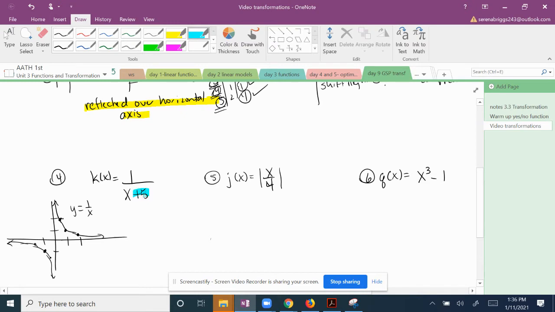This is a counterintuitive x transformation. The input, we need to subtract 5. I know it says add, but remember that x transformations are counterintuitive. So that means instead of moving right, we're going to move this left 5.